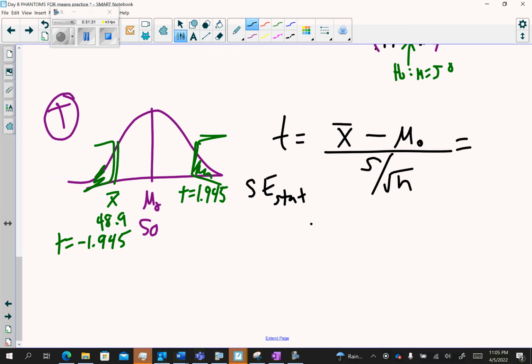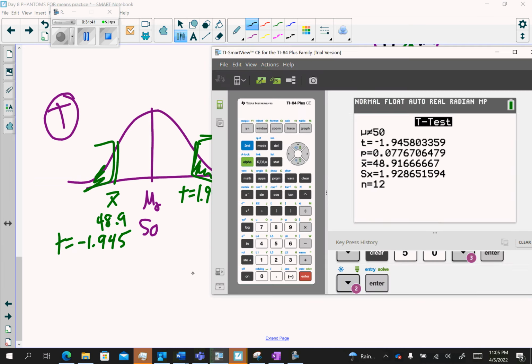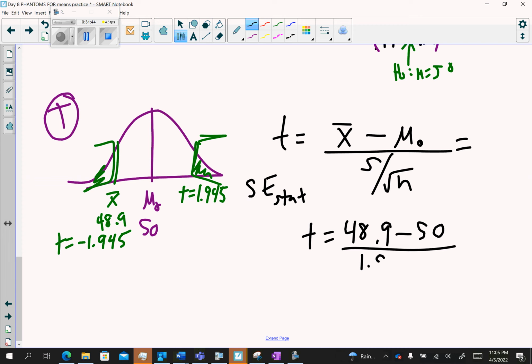So I would have plugged in x bar, which was 48.9, minus mu, which was 50, assuming the null, and then s was 1.929 over radical 12. And if I had done this out by hand, I should have gotten the negative value of the t-score, which was negative 1.945, okay? And then I would just do the symmetric one on the right-hand side, okay?